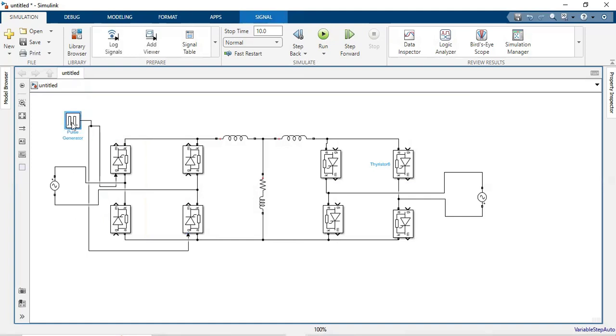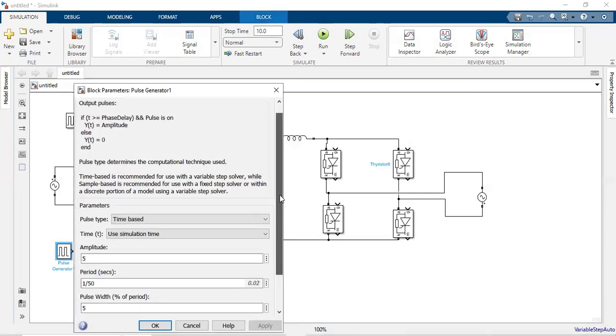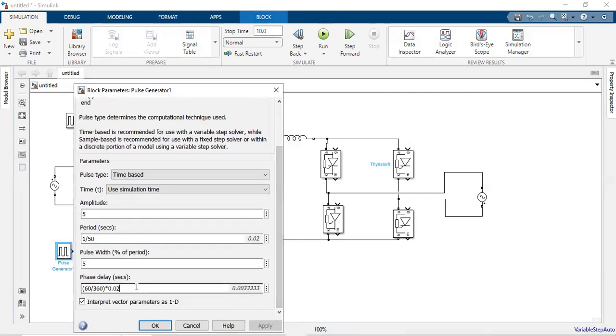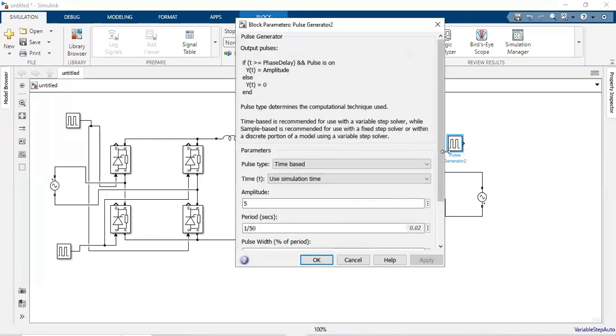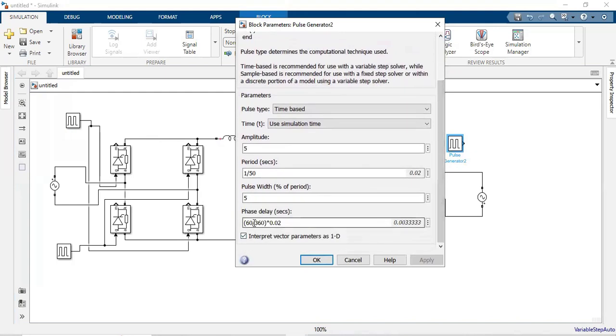And we need to have the other pulse generator. The time period of the other two devices should be 180 plus 60 degree. So we need to add the time corresponding to 180 degree, which is 0.01. And similarly, we need to feed the devices of the second converter with a firing angle.